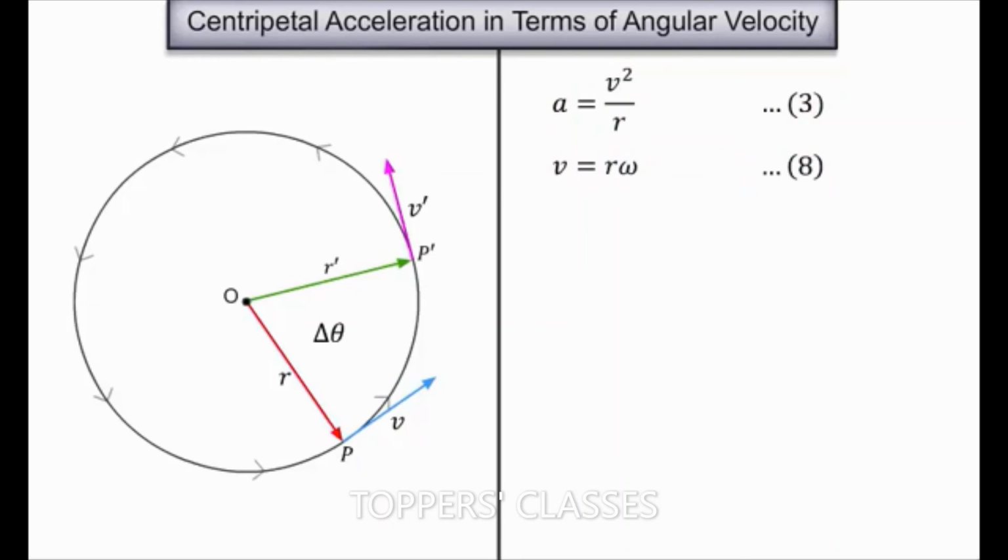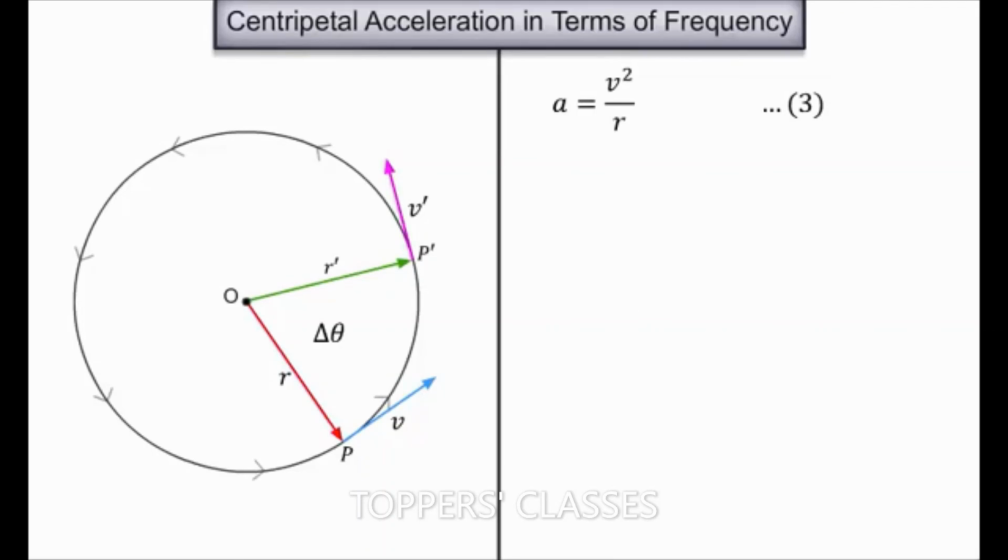Time taken to make one revolution, that is, the time period, is T. Frequency, f, is the number of revolutions in 1 second.